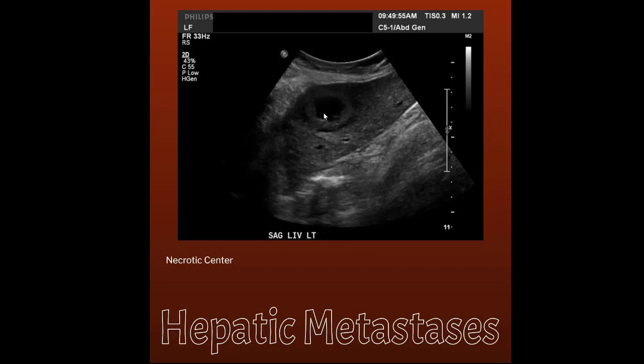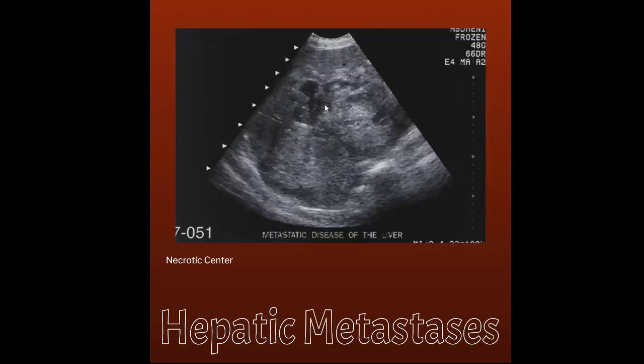But if a lesion is not getting enough blood flow to it, it becomes necrotic. And so it's not uncommon to see kind of this necrotic center of especially larger lesions because it's not getting enough blood. That area necroses and then starts to liquefy. A couple more examples of metastases and some necrotic changes that are occurring.